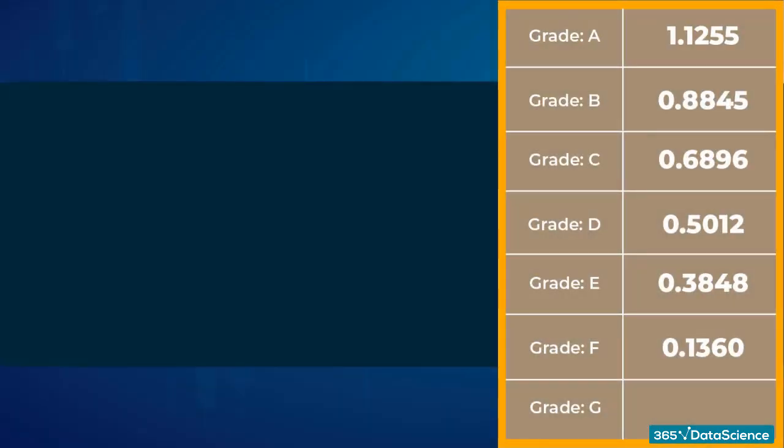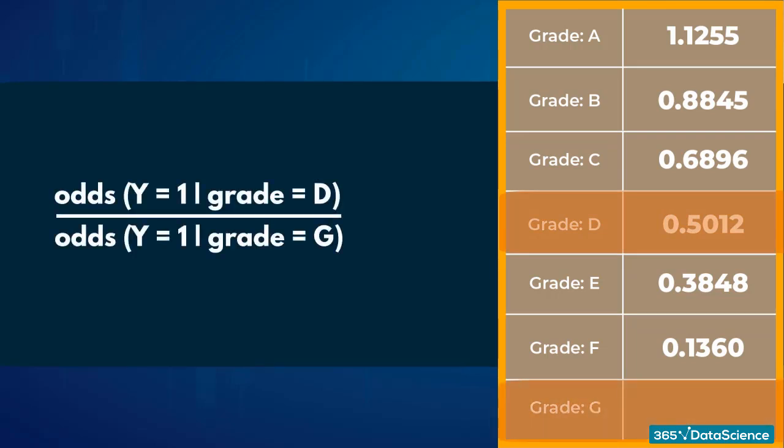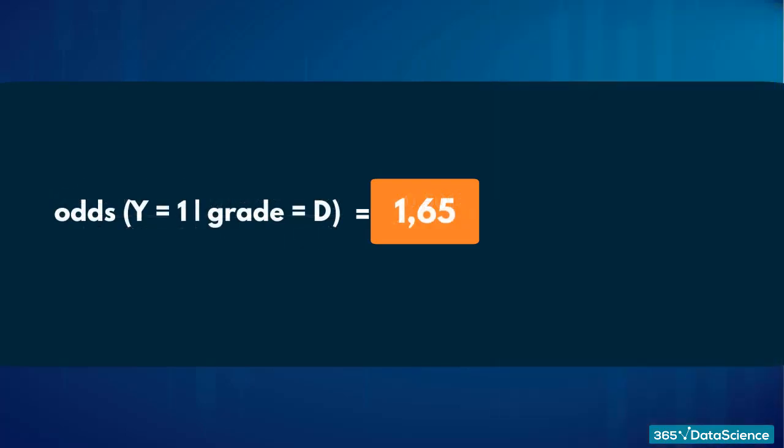But what exactly are the odds for someone with an external rating of, let's say, D, to be better than someone with an external rating G? The ratio of the odds for someone with an external rating D to be good is an exponent raised to the power of the coefficient of the dummy variable, that is, an exponent raised to 0.5012. That's approximately 1.65.